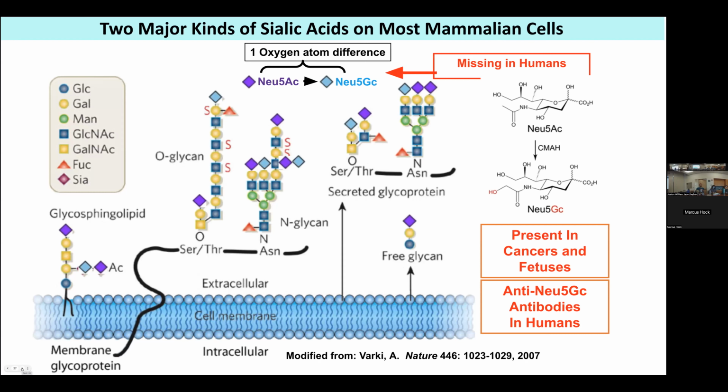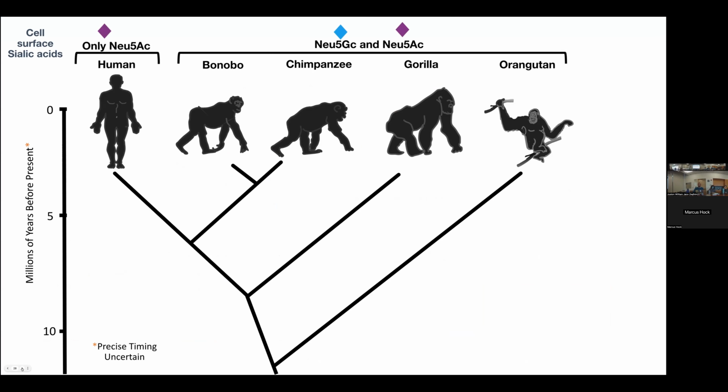What humans have is a little molecule called Neu5Ac. And in lots of other mammals, they have another sialic acid called Neu5Gc. Neu5Gc is completely absent in humans. We don't express it naturally because, throughout human evolution, around 2 million years ago, we lost the enzyme that produces Neu5Gc, that other diamond on the outside of the cell surface.